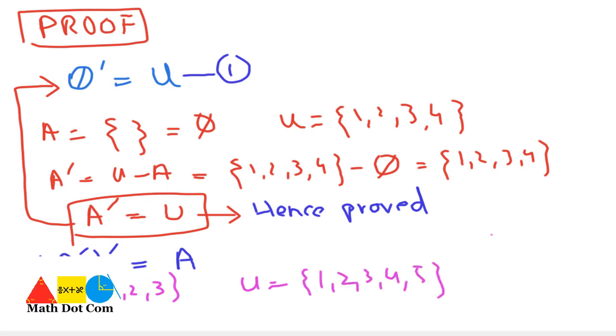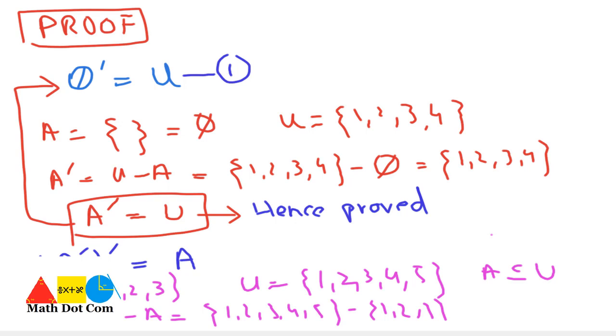It is clear here that A is a subset of U. Then we will find A complement. A complement is equal to U minus A, which is 1, 2, 3, 4, 5 minus 1, 2, 3, and it will give you 4 and 5.